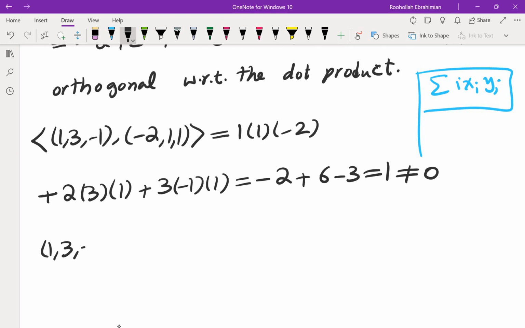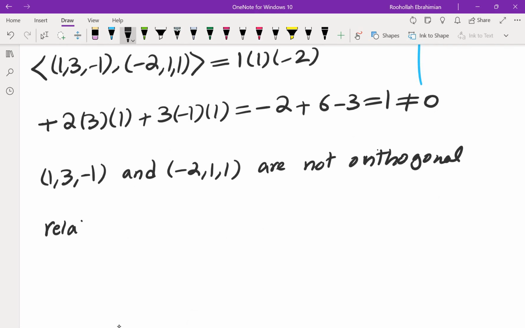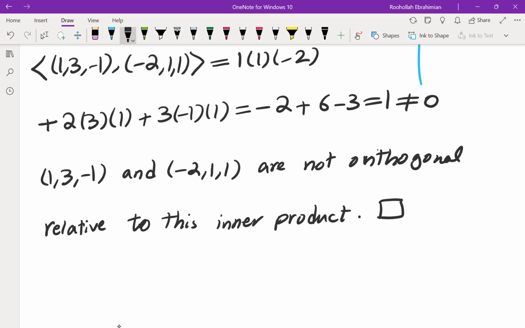So 1, 3, negative 1 and negative 2, 1, 1 are not orthogonal relative to this new inner product, the one we talked about earlier in the example.